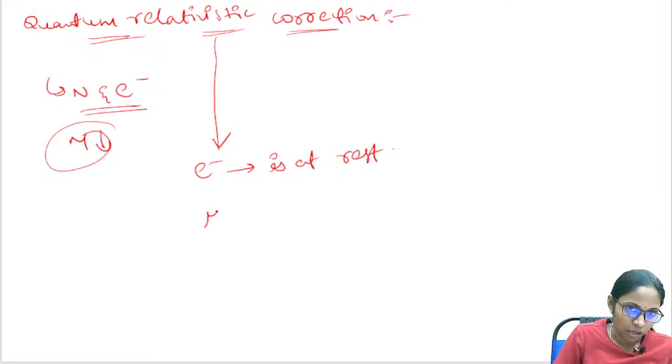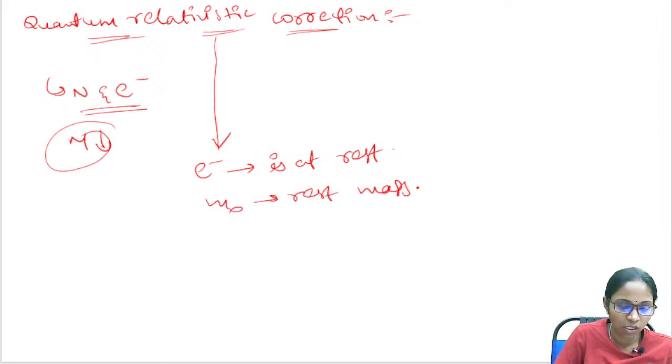And the mass of the electron is m0, which is nothing but the rest mass of electron, and I am correcting the energy equation. The energy equation for an electron in motion will be different from that for an electron at rest. In this lecture I am going to consider the mass at rest position.